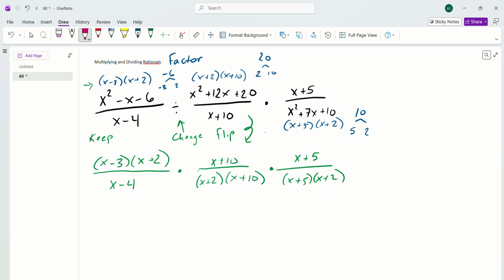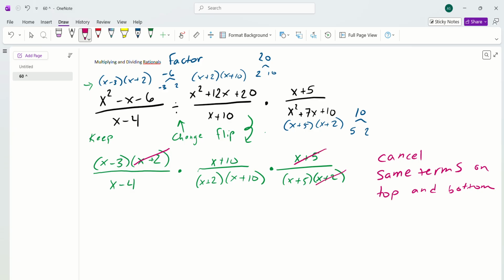Once you're here, you're going to cancel anything that is the same on the top and the bottom. And that applies even across fractions. So for example, if I see x plus 2 on the top of this fraction, and I see x plus 2 on the bottom of this fraction, I'm able to cancel them out.